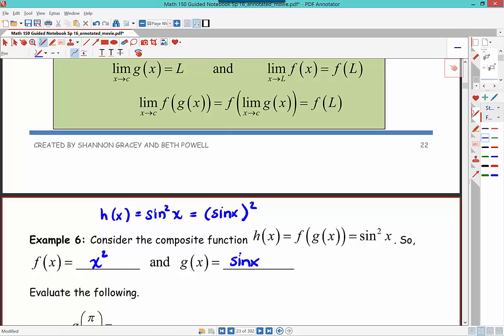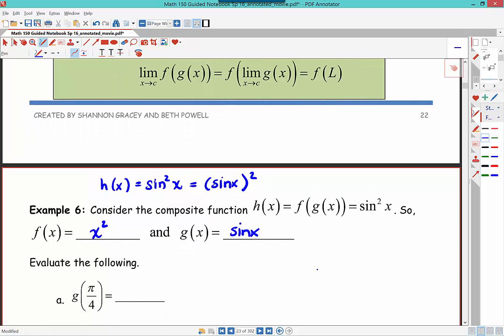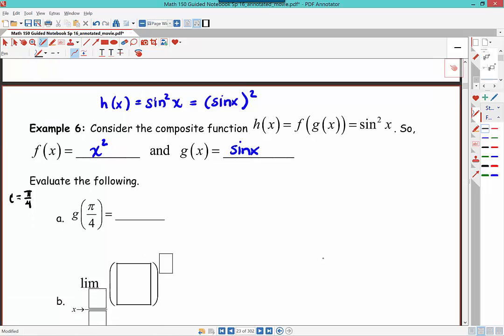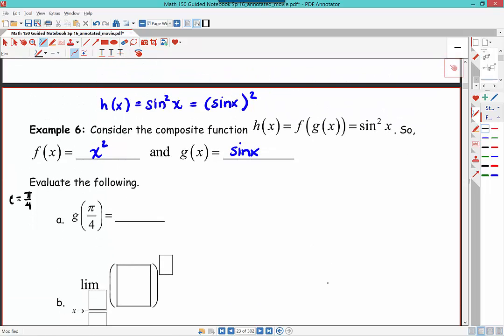Awesome. So now our c from the example is pi over 4. If you're tying this to the theorem, the c is going to end up being pi over 4. So now, oh, I answered the question. I should stop doing that, right? So what is g at pi over 4?